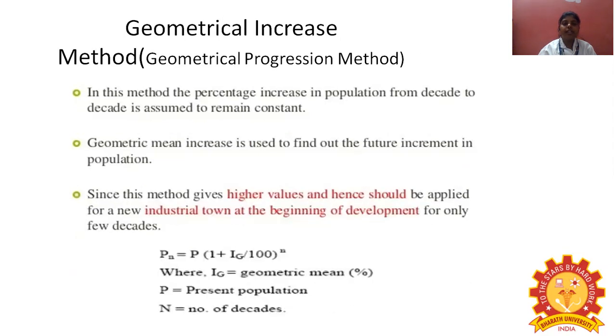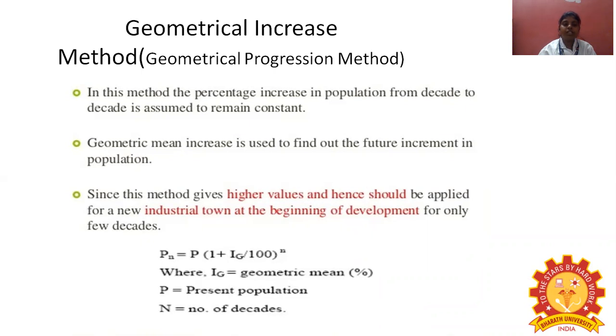Next, geometrical increase method. It is also called the geometrical progression method. In this method, the percentage increase in population from decade to decade is assumed to remain constant. Geometric mean increase is used to find out the future increment in population.